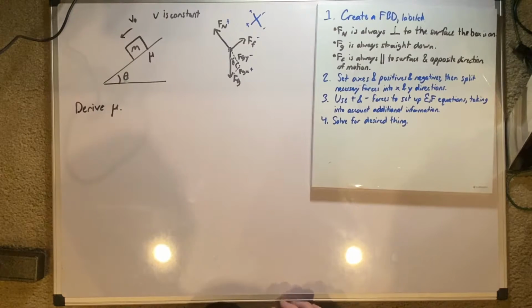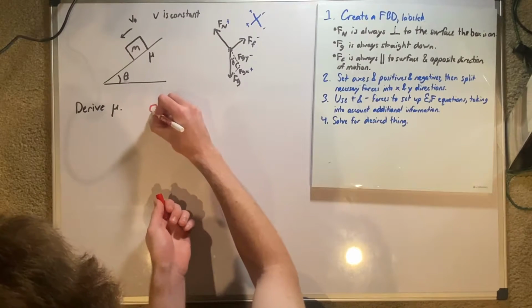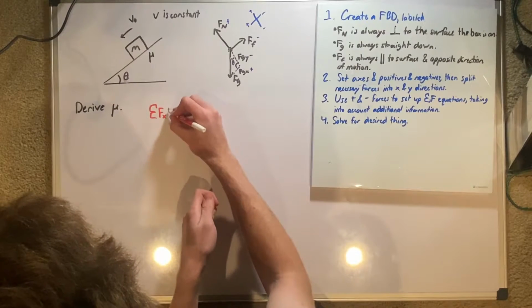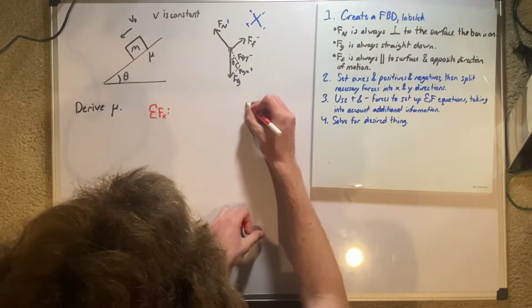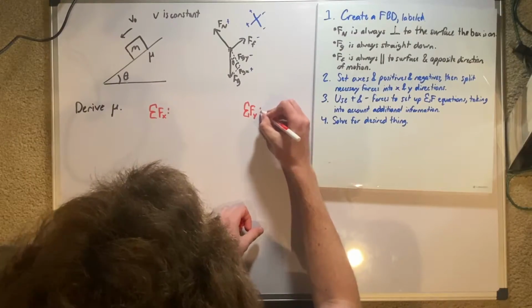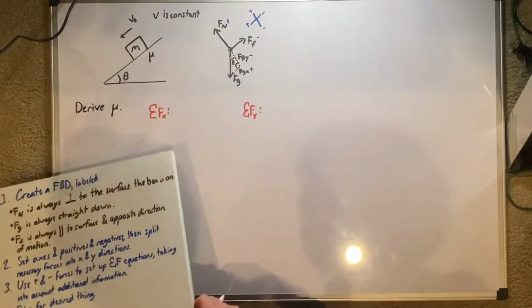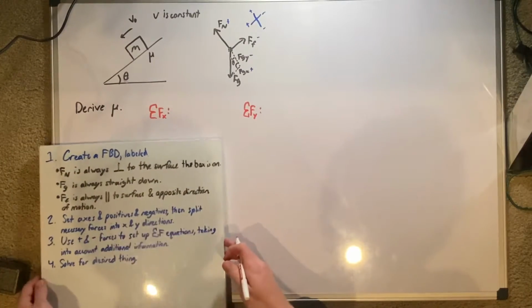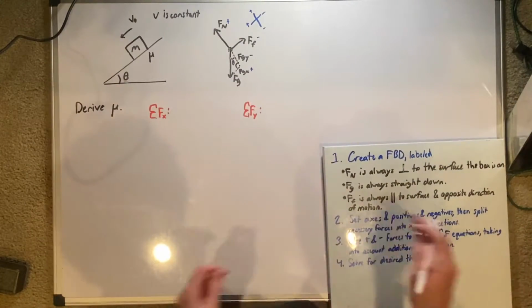Now we can use our positive and negative forces to set up our force equations. So we have sum of forces in the x, and sum of forces in the y. Let me move this down to here because I like this area better.